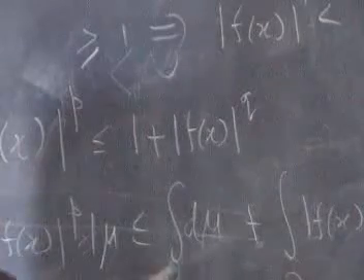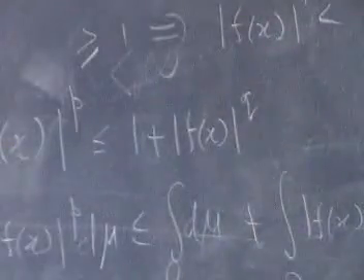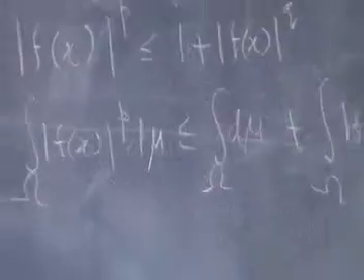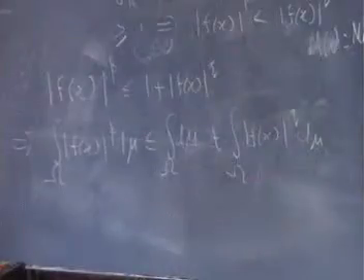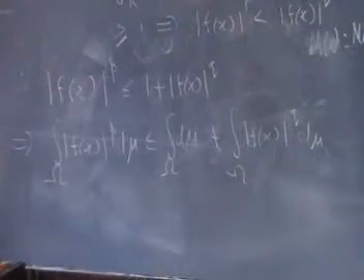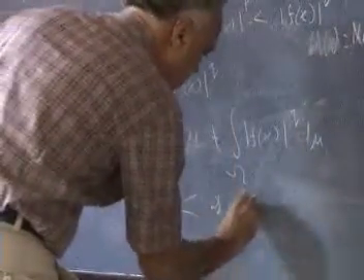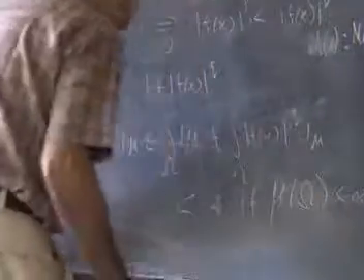But what is this? This is the mu of omega. So if we have a finite measure space, if f is in L^q, it will be in L^p for all smaller p's. Whenever you belong to some L of some power, for all smaller powers it will belong to L of that power, if mu of omega is less than infinity. So what is the conclusion?